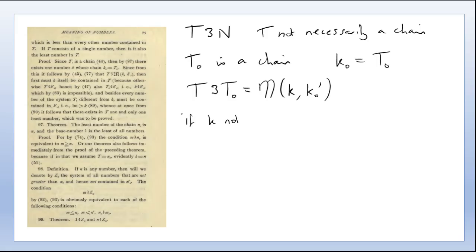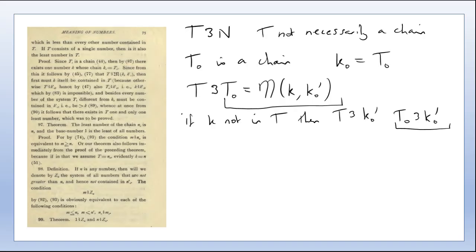So if K is not in T, then T or T0, T is a part of the transform chain of K. Because K0 primed is a chain, then T0 is a part of K0 primed, and because we know that T0 is the system compounded of K and K0 primed, K is an element of T0.